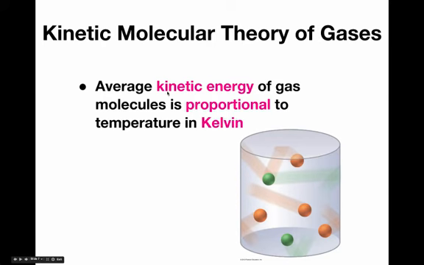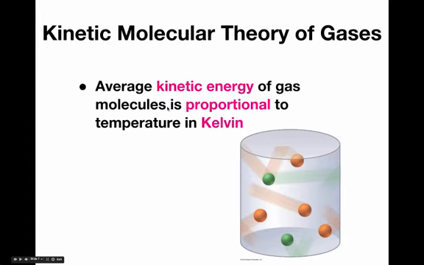So what they're saying is the average energy of gas molecules is proportional to the temperature in Kelvin. Proportional to, in case you're not familiar with this, means that the energy of movement of gas molecules goes up if the temperature goes up, and the energy of gas molecules goes down if the temperature goes down. When it's explained that way, it might not be earth-shattering news, but that's basically what they're saying.